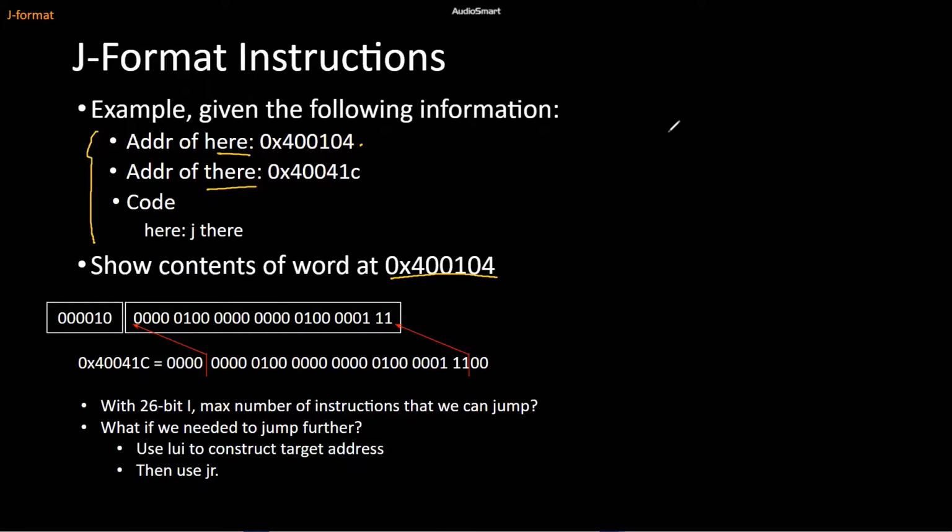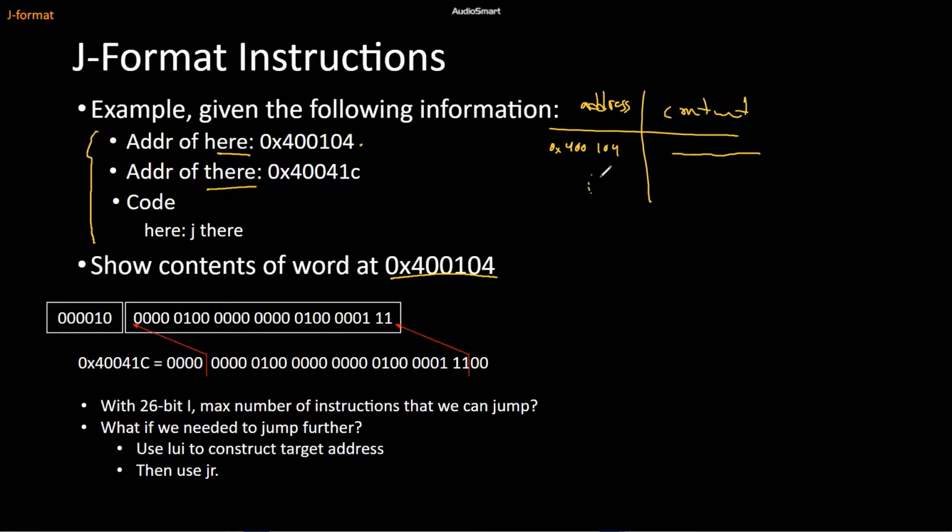If this is our memory table, this is the address, and this is the content. At some location, for example here, we have 400104, and it has some content.